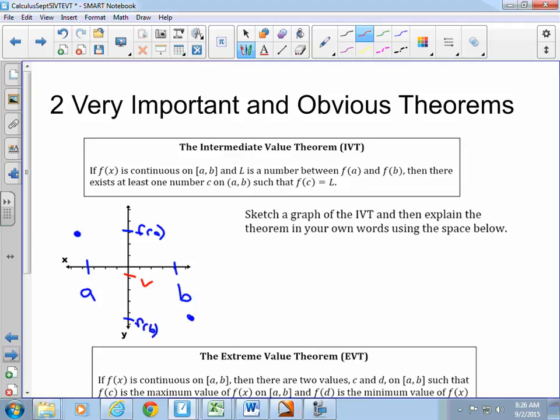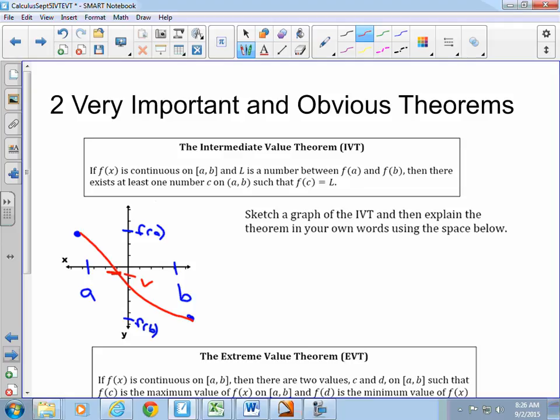What that says is if I have a continuous function, right, going from up here to down here, do I at some point have to cross that line? Right? Okay, here's a real-world application of this.